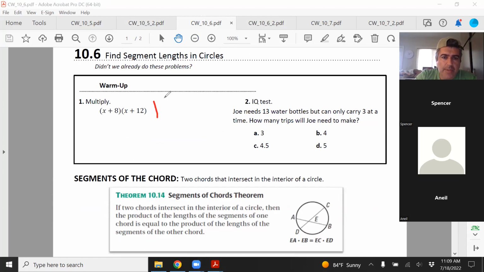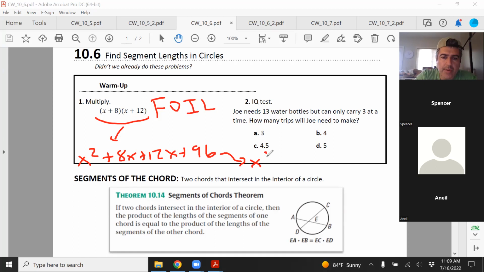If I were to FOIL this, that'd be x squared plus 8x plus 12x plus 96, or x squared plus 20x plus 96.